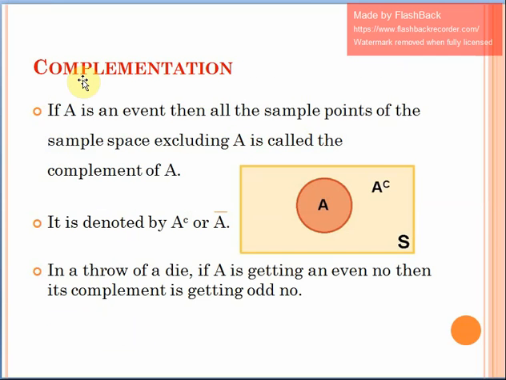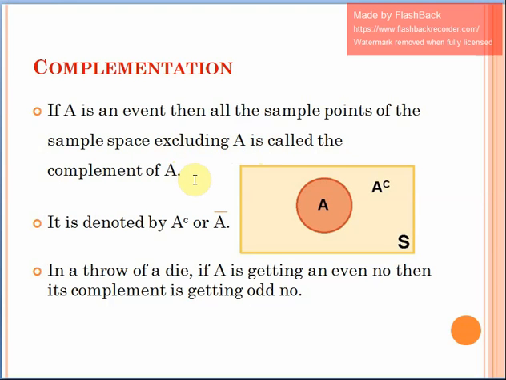The next algebra of these events is complementation. What is complementation? If A is an event, then all the sample points of the sample space excluding A is called the complement of A. Complement of A means not A. So simply we can understand complementation by using not A. This is the sample space, which is denoted by S, and this is the event, shown by a red circle, and in the red circle the event is taken as A. Not A means A complement.